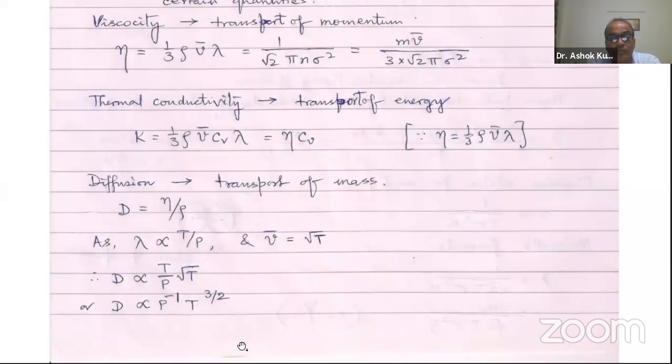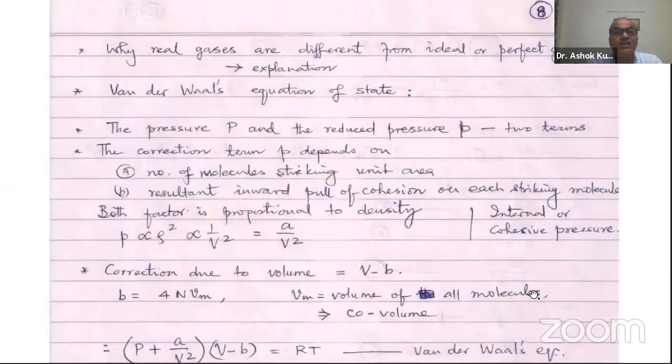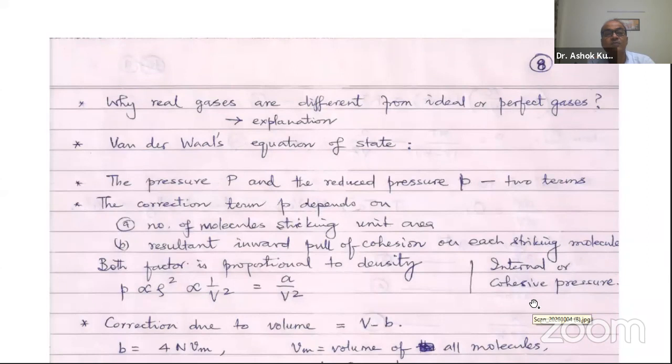So an objective question could be asked: whether the diffusion of two gases depends more on pressure and less on temperature, or more on temperature and less on pressure, and so on. These minute things you have to keep in mind so that you can solve such problems.